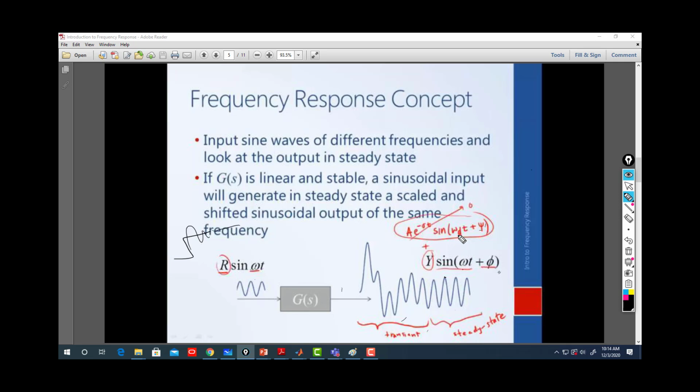You have omega d here, the damped frequency, and omega d is related to omega n, which is the natural frequency of the G(s). So it is not your input. Here your input is omega. Don't get confused. Here your input is omega, but here omega n is the natural frequency of the system. So omega d equals omega n times square root of 1 minus zeta squared. That's the omega d I'm talking about here.